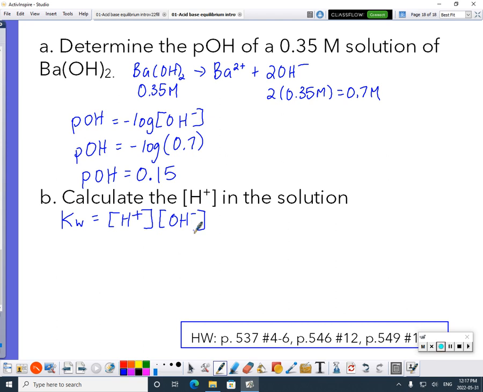Because Kw is always 1 times 10 to the negative 14. That would be a given reference value. Okay, and then this is like your X. All you have to do is divide. So pretty straightforward, just an extra calculation.